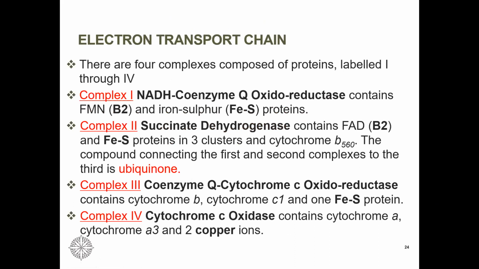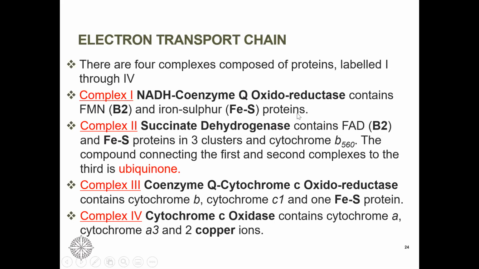Now have a look at the 4 complexes that form the enzymes in the ETC, which are present on that mitochondrial membrane. So first complex, sorry, I think earlier I called them cytochrome complex. Just remember, the first one is complex 1, which has NADH coenzyme Q oxidoreductase, and it also contains iron sulfur protein.